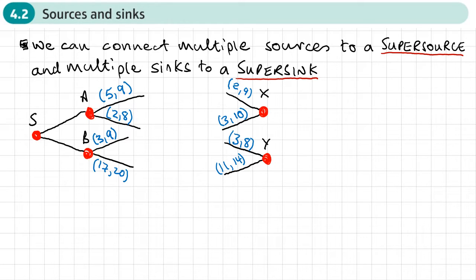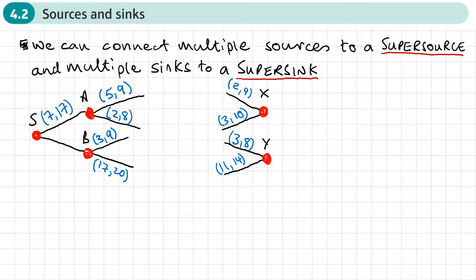And what I need to do is work out the upper and lower capacity along these arcs here. The way I do that is to add together the upper and lower capacity of the arcs coming out of this source. So this arc has a lower capacity of 5, this one has a lower capacity of 2, so combined that's a lower capacity of 7, and then 8 plus 9, that's an upper capacity of 17.